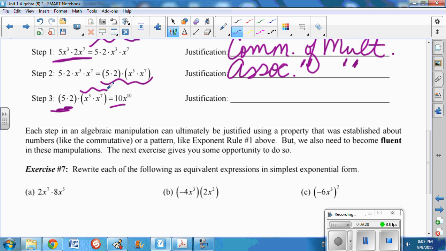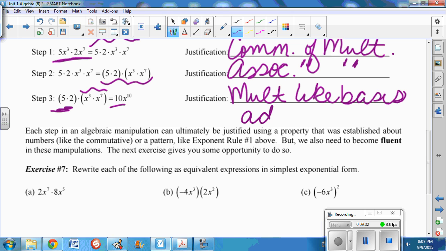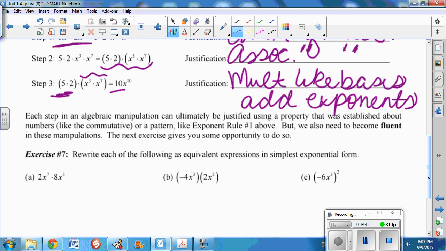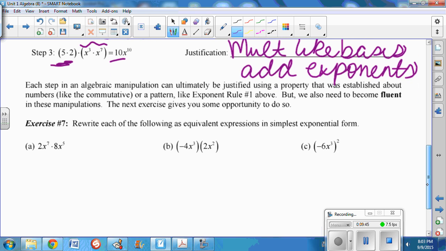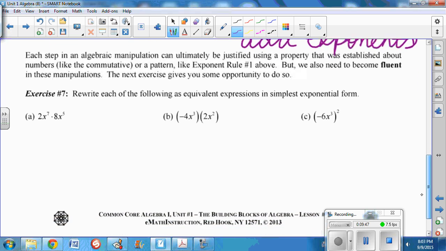Because we're going to learn a couple more, instead of writing down exponent rule, we could say: if you're multiplying like bases, we add exponents. Again, put that in your brain. You want that property to be accessible very quickly.